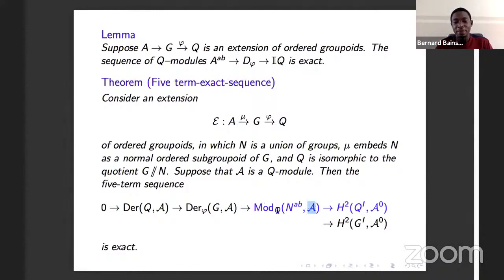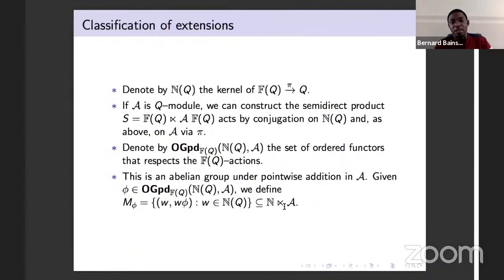So we want a map from N into Q, but since we are looking at N being a union of groups, it turns out that N is going to be abelian. So N made abelian is just an abuse of notation anyway. So we want maps from N into A, but we want these maps to respect the Q module structure. So it is not just any map at all, but maps that respect the Q module structure. So this is how we are going to do it.